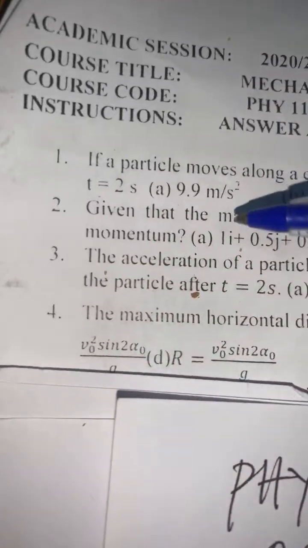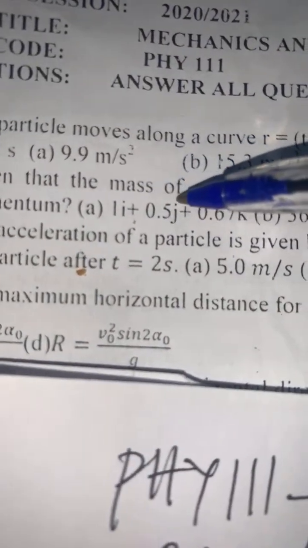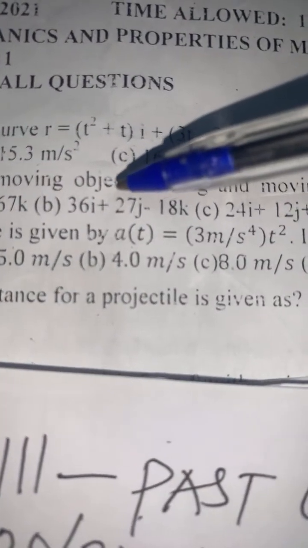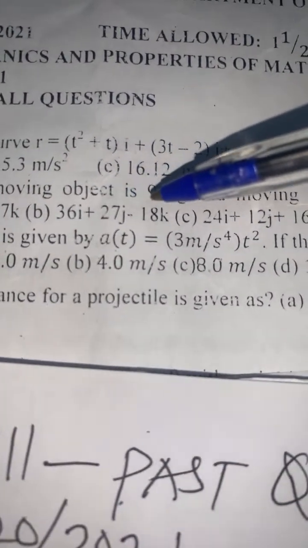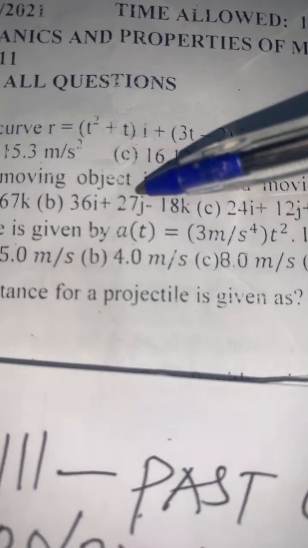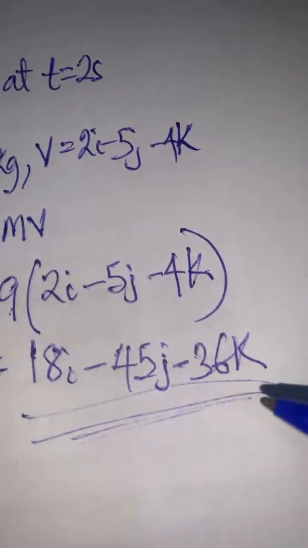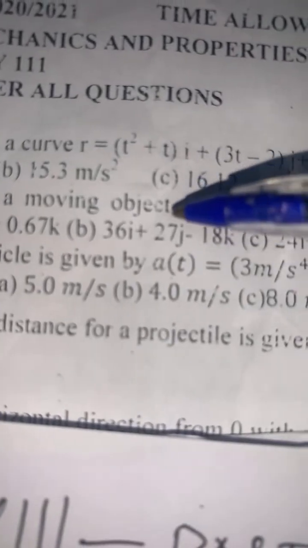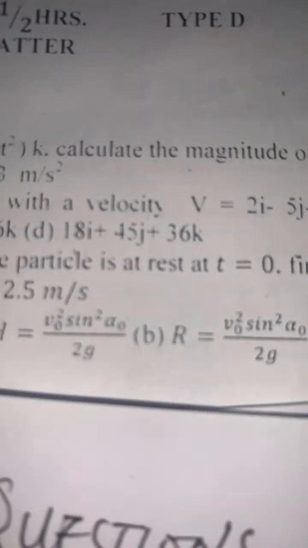Now this is the answer. Let's check our options quickly. Option A, we are having 1, 0.5. This is out of the box. Option B, we're having 36, 27. This is out of the box. Then we're having 18, 27. You can see the confusion. I think we're having 18. We're having 36 also, but here is 45. So let's keep moving. Okay, we're having 24, and then we're having this.